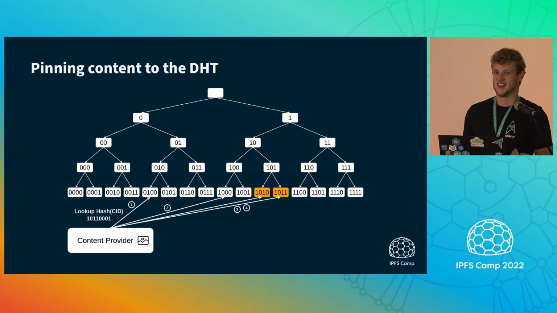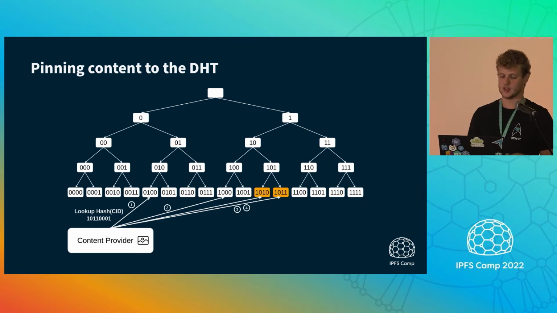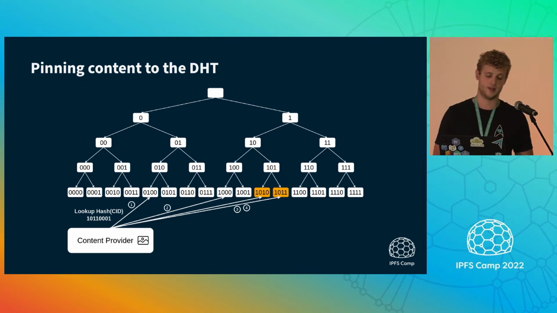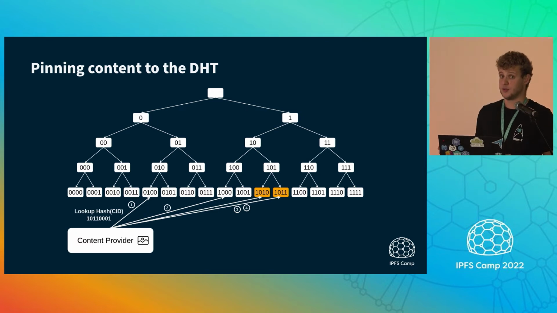Usually DHTs are represented as a circle, as we've seen in the last presentation. But in the case of Kademlia, it's better represented as a binary tree because we're talking about XOR distances. And so the request is going to be iterative. First I'm going to ask the closest peer, or just a peer I know, okay, can you get me closer to the place I'm looking for?